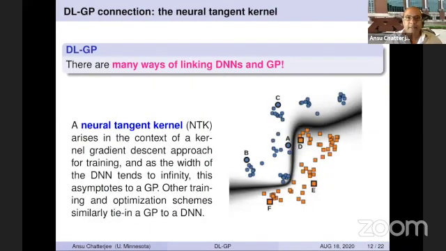So here's the first of the three different ways in which you could tie in neural networks with Gaussian processes. That long list that I had on the previous slide, most of them were about relating the architecture of deep neural networks, the structure of a deep neural network, to Gaussian processes. This one is different. This one relates the training method, the training algorithm.